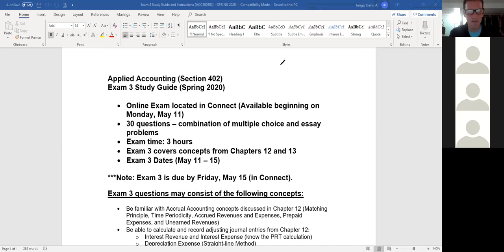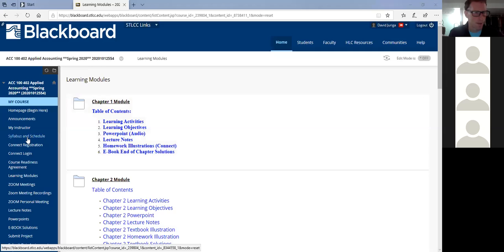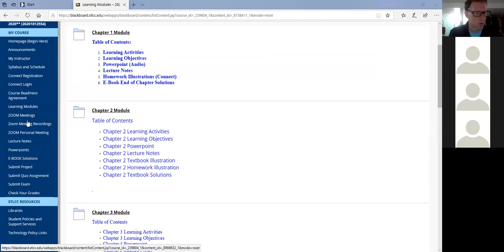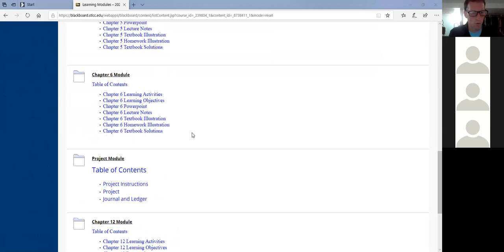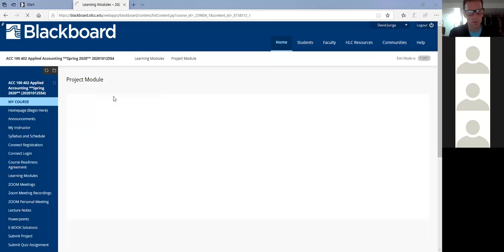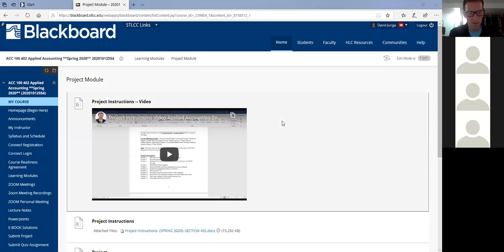And that's what I think I have a couple illustrations. One illustration is in the Zoom recording. And I think I have another illustration. If you go into Blackboard and click on the project module. Let me see if I got that up. Oh, there it is. Hold on just a second. I clicked on learning module and then go down to where it says project module, and then notice it says project instructions.